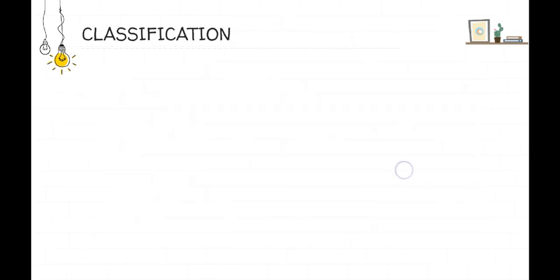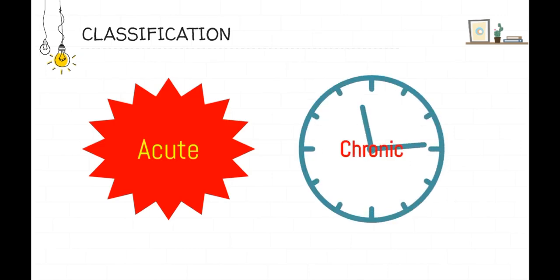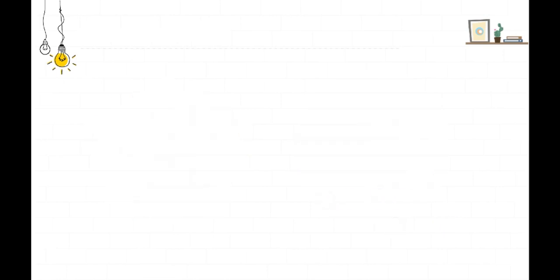Now classification. Pericoronitis can be classified as acute pericoronitis or chronic pericoronitis. Now what is acute pericoronitis? That means symptoms must be acute. It should be of sudden onset.